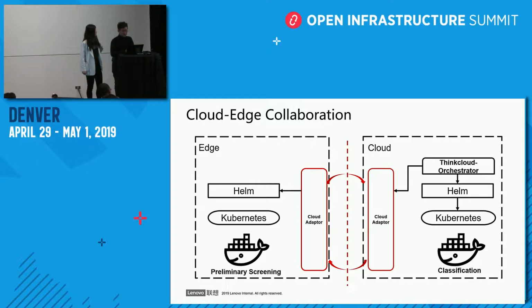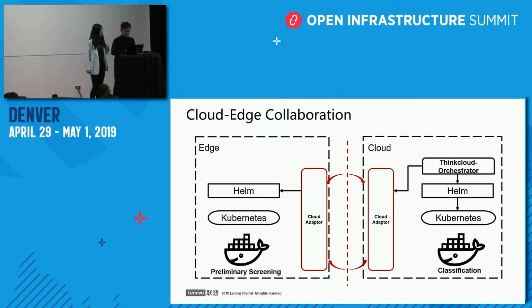And it also calls the cloud adapter to push the deploy requirements to the edge to deploy the preliminary screening application. The compute, network, and the storage in edge can collaborate with cloud to deploy a complete medical diagnostic application. This is a typical cloud edge resource collaboration scenario.